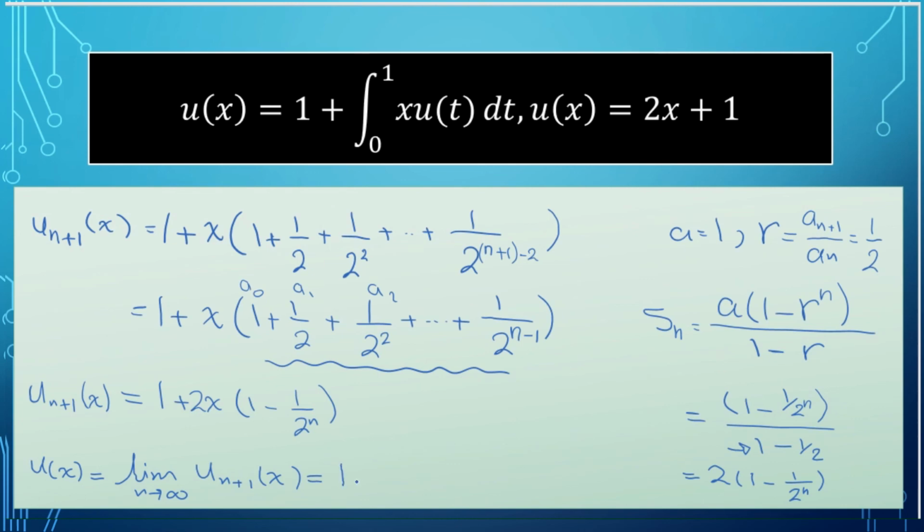And this will give us 1 plus 2x multiplied by 1 minus 1 over limit n approaches infinity for 2 raised to n. Okay, and this part is as if we are saying 1 over infinity, which is 0. So this will give us 1 plus 2x. Okay, and this is our u of x.